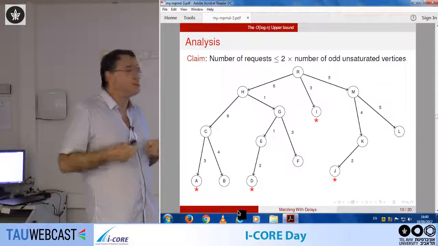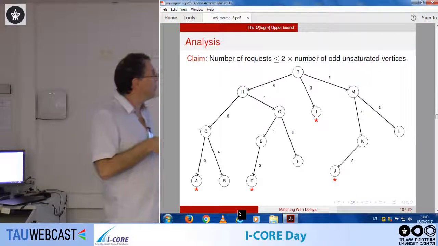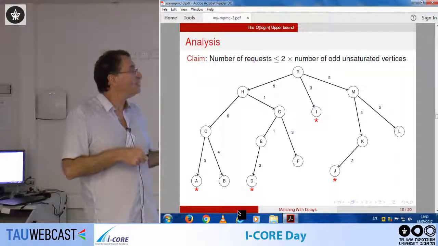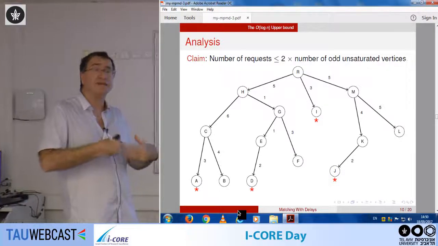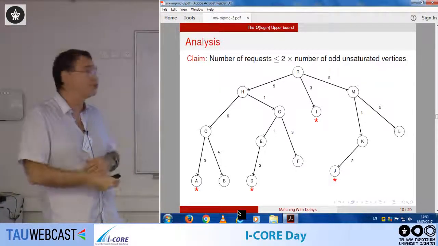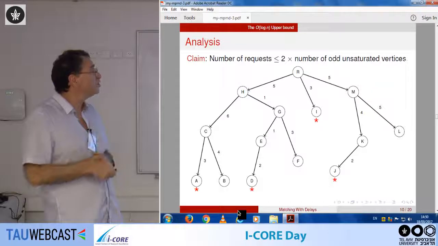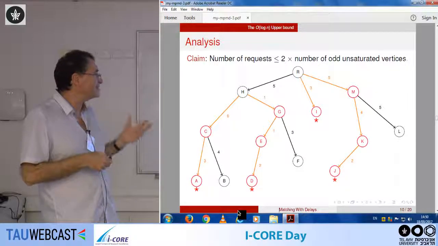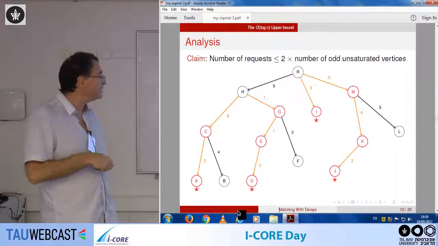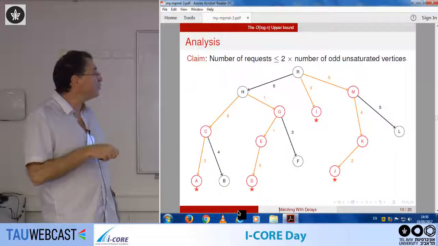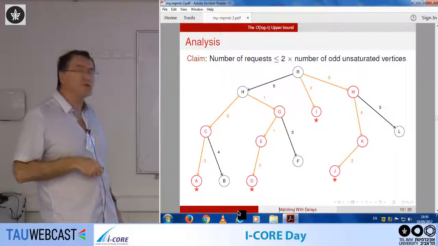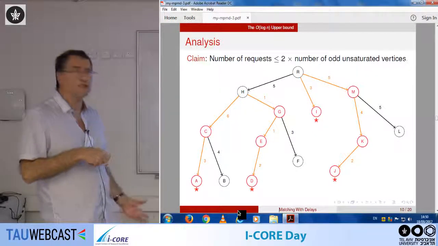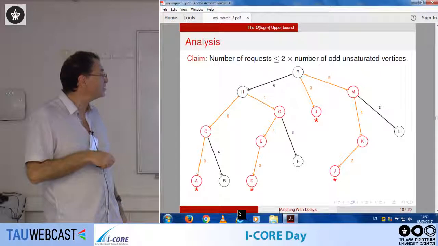So I want to bound the number of requests as a function of the number of odd unsaturated vertices, because their counters increase, so I can charge the number of requests to these counters. The reason for that is quite simple, but I'm not going to describe it. I can look at all pending requests, all requests which were unserved, and match them in a disjoint way. There is always a way to match them in this disjoint way.